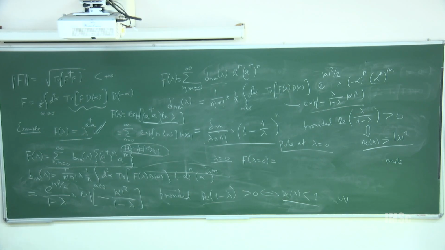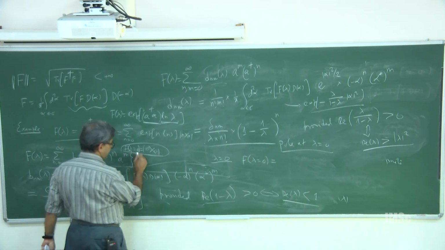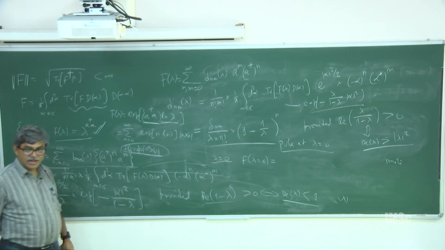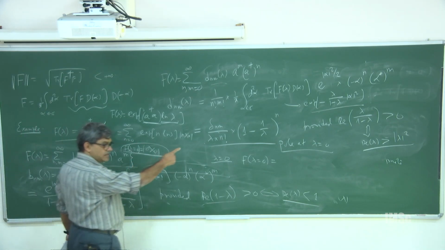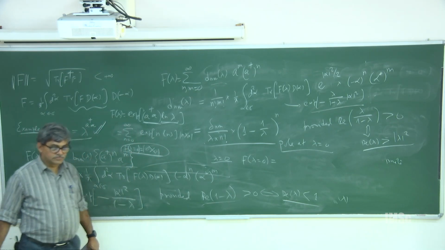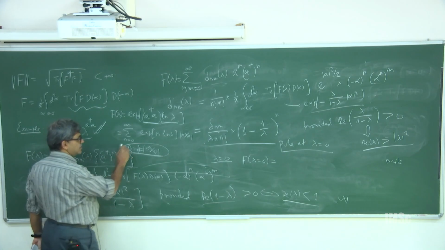Can we have an anti-normal ordering expression for this? Because this tells you it has a pole at lambda equal to 0, either it will not have any anti-normal ordering expression or maybe it will.